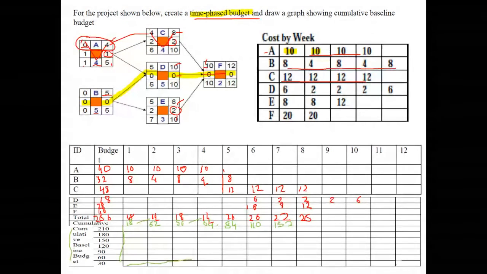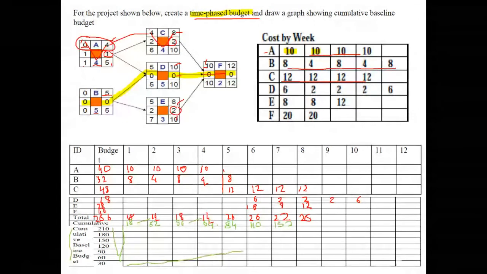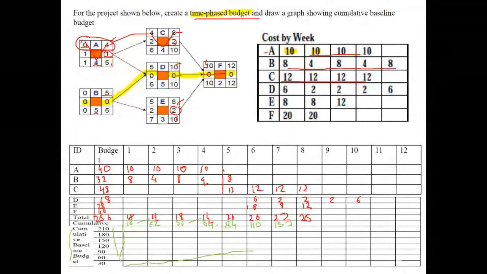By end of week 3 we have got a spend of 50. By end of week 4 our spend is 64. So I'm using these values as my y-axis, and then moving on to 84, just below 90 mark, then 110 here, and then moving on to maybe 130.